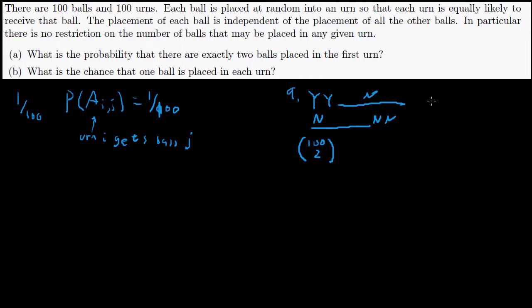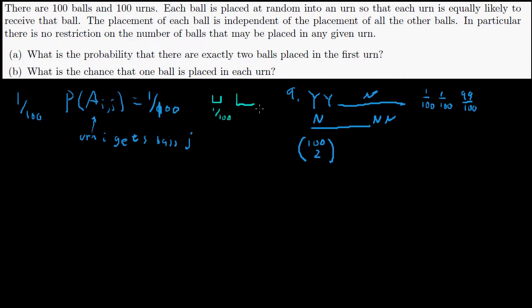Now, what is the chance of each of these sequences? Well, the chance of this sequence is a 1 in 100 chance of going into the first urn, a 1 in 100 chance of going into the first urn on the second ball, and a 99 over 100 chance of not going into the first urn, because what we've basically done here is lump urn 1 as here, and that's a 1 over 100 chance.